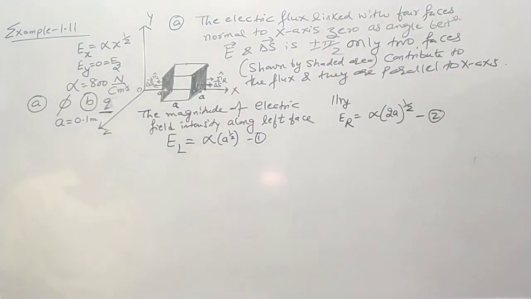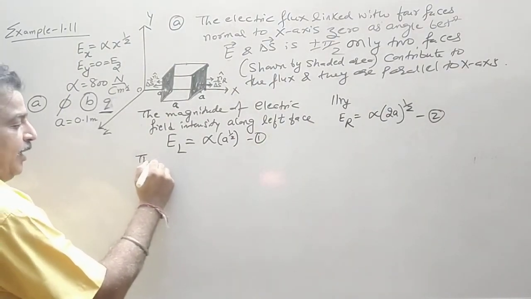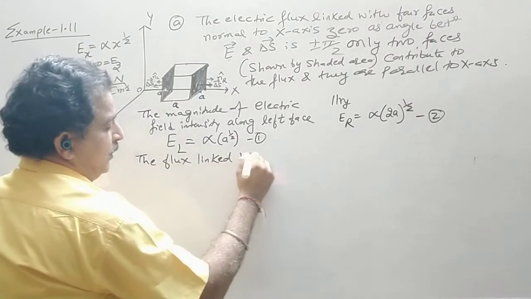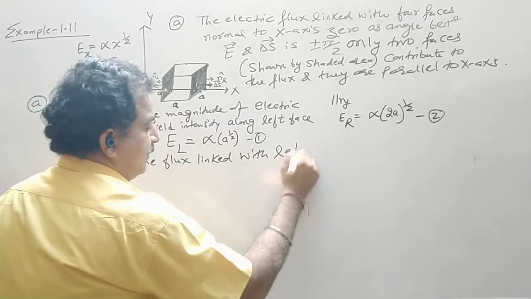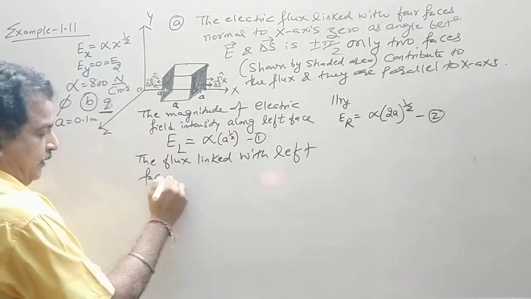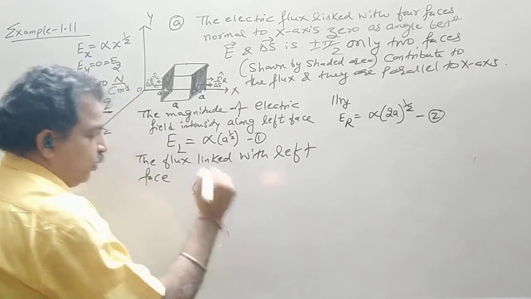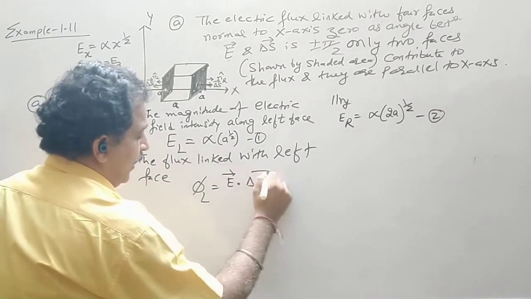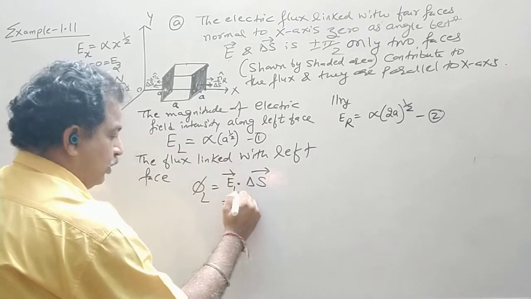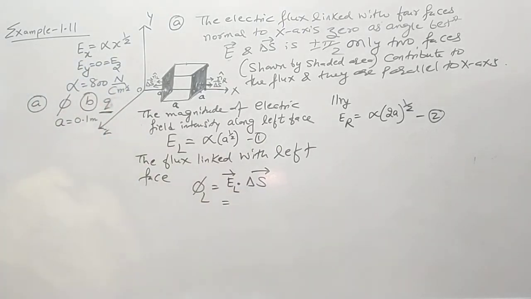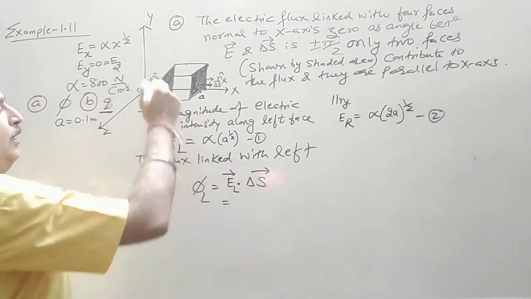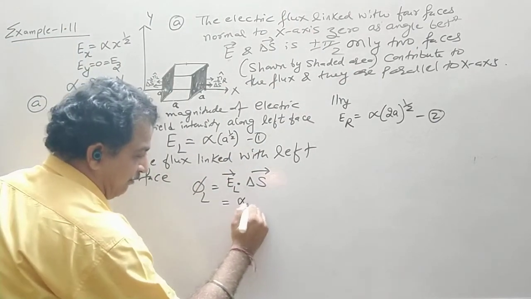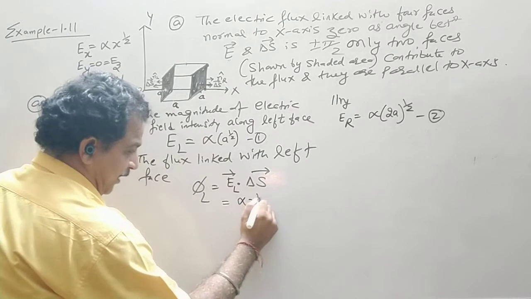Now we have to find out the flux. The flux linked with the left face, that is phi L, is equal to E vector dot delta S vector. So for the left face, EL direction is along the x-axis. So it is alpha x raised to half.